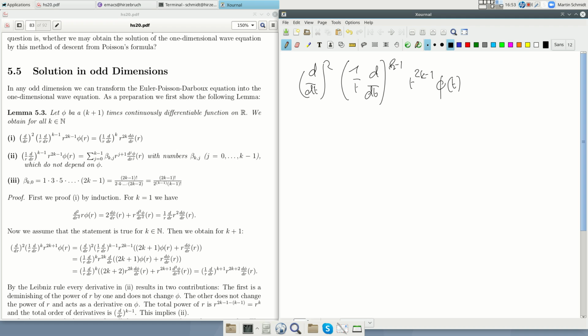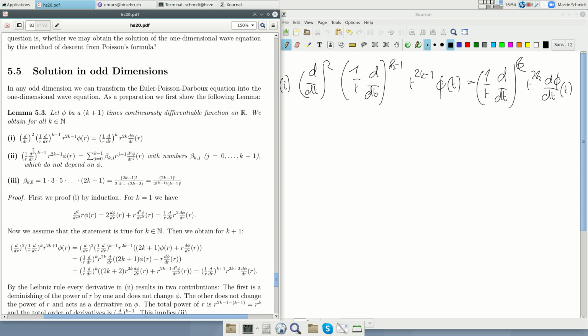This is the same as 1 over r d by dr to the power of k, and r to the power 2k, and then we have d phi by dr of r. Okay, this is the first statement.